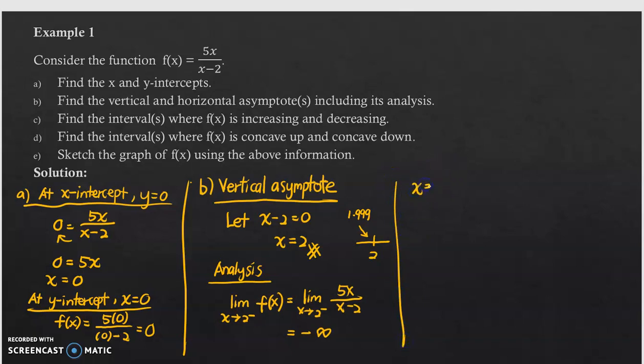When x is equal to 1.999, I substitute 5 times 1.999 divided by 1.999 minus 2. From here, I should have negative 9,995. So I can assume that if x is getting closer to 2, this value will approach negative infinity.